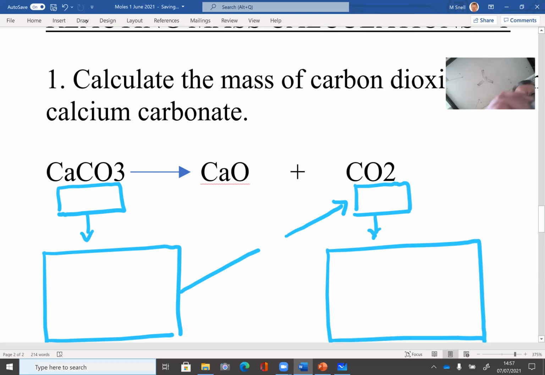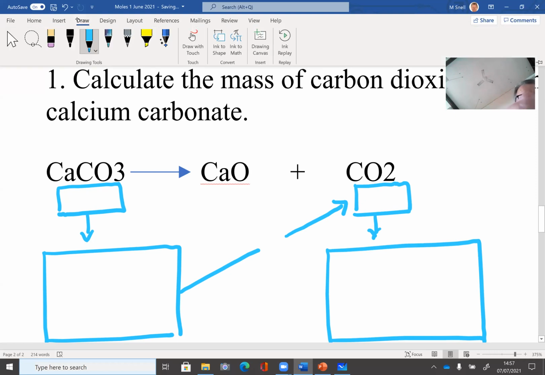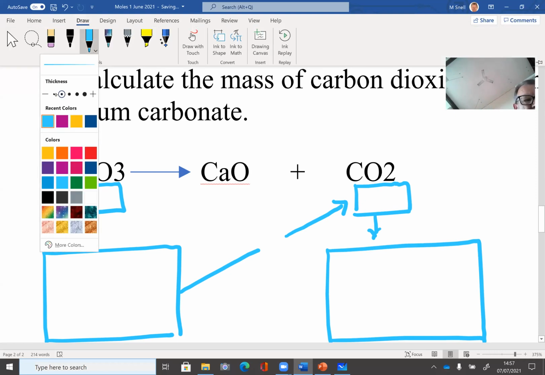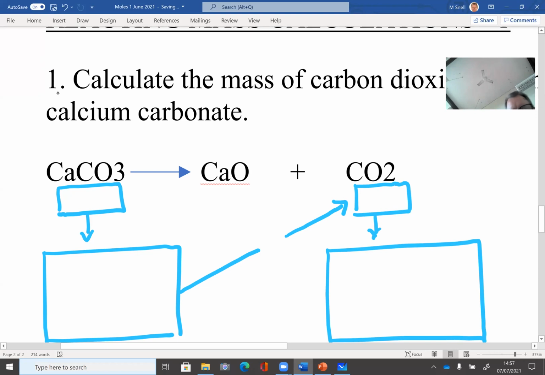Now, what we have here is a way of thinking about this way of calculating. This here is what we call a quantity. So for instance, grams. It could be an example is grams. This here is always moles. Then this up here is moles, and this is a quantity.